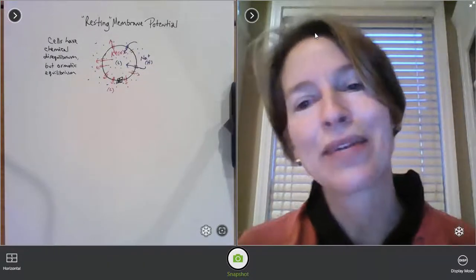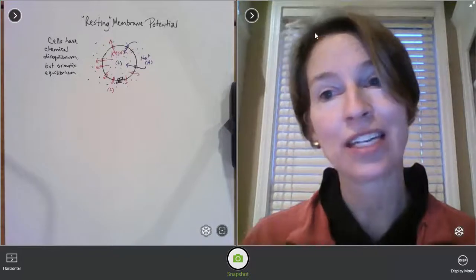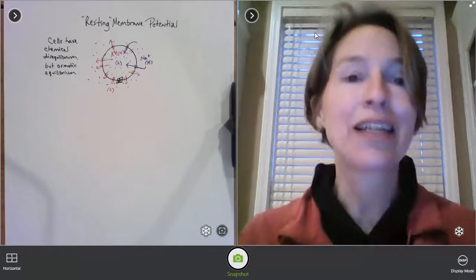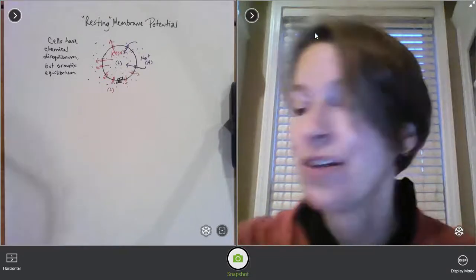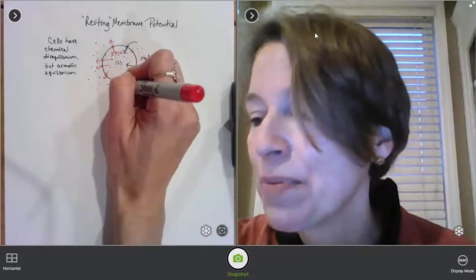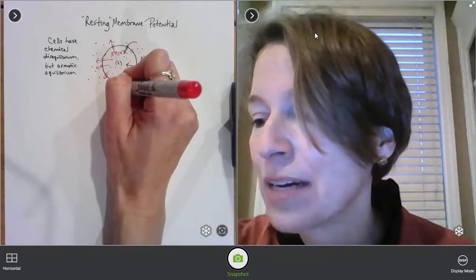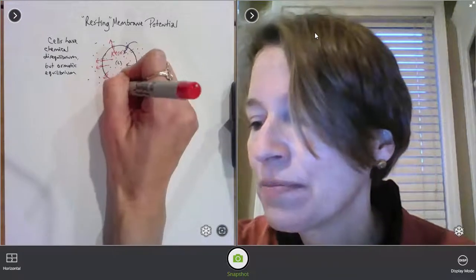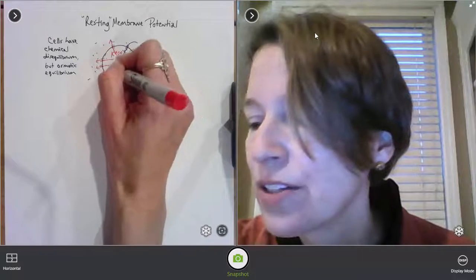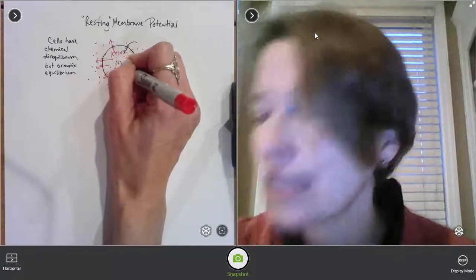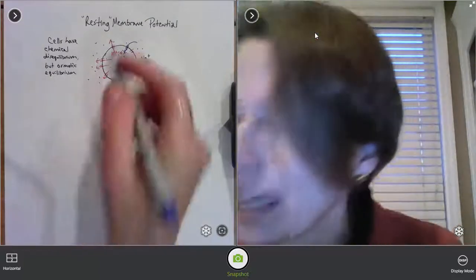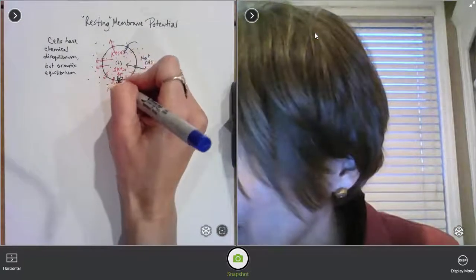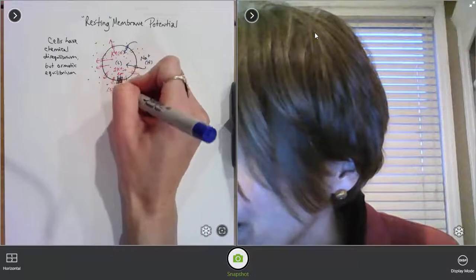And that's why I always say the pump is the number one energy sink in the human body, because it has to pump the ions up the gradient. Remember, it's going to pump the potassium. Two of them are going to go in, two potassium in for every three sodiums that get pumped out. One, two, three.